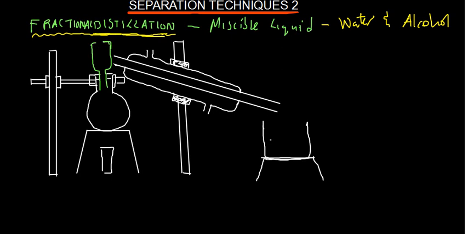And at the end of this component that we have added, we are going to put a thermometer. So we have a thermometer at the end there. Okay, like that.